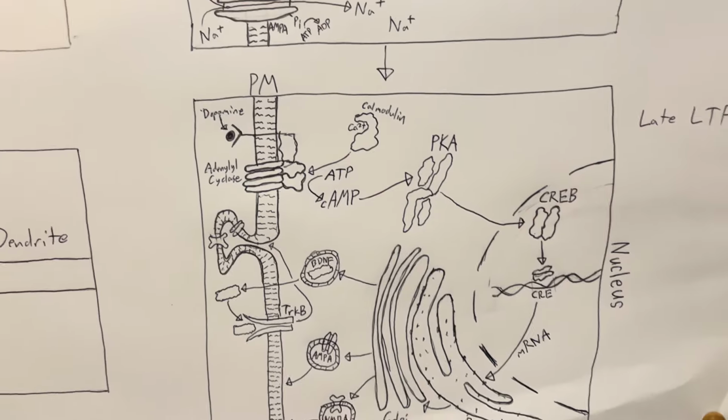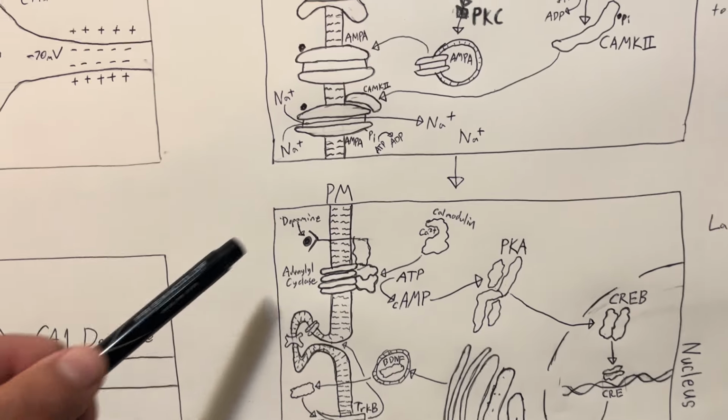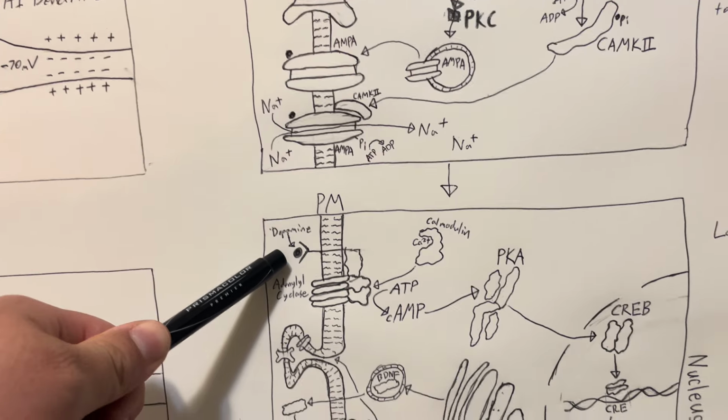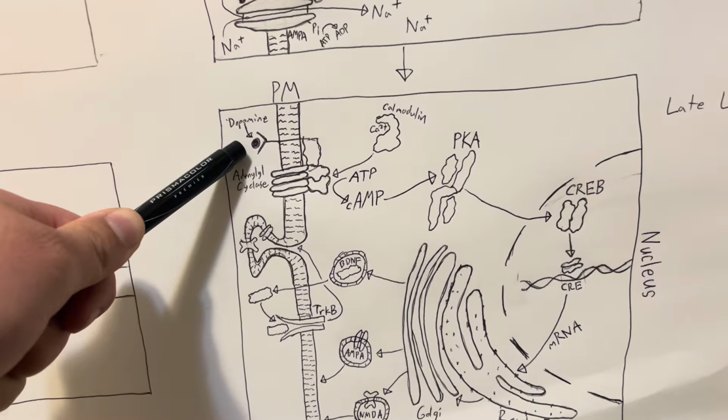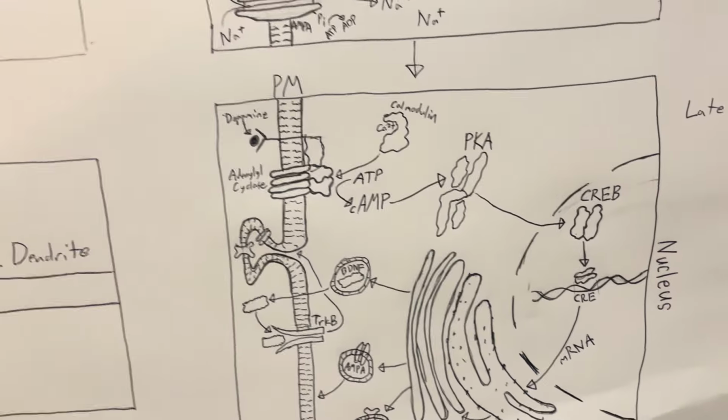If a memory is being formed while dopamine is surging, it's going to be a memory of something very emotionally impactful, emotionally salient.